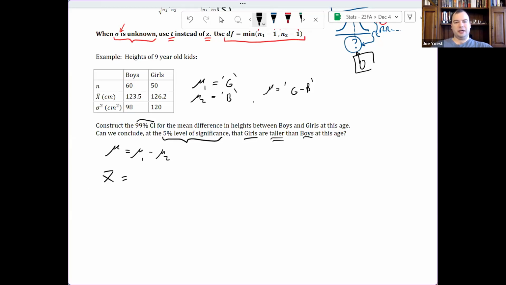My point estimate for mu, x bar, is x bar 1 minus x bar 2, or I'll rename that x bar girls minus x bar boys. And I see that that is 126.2 minus 123.5. So that's 3 minus 0.3, 2.7. Yeah, looks good. So this is what I might call x bar observed.